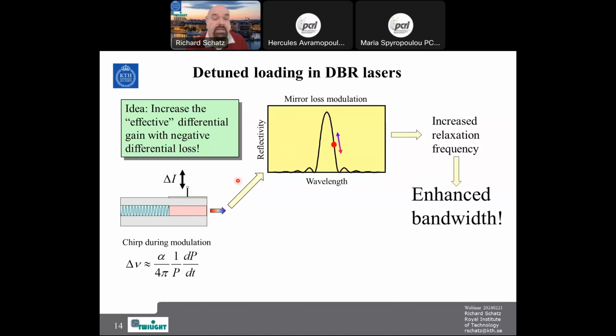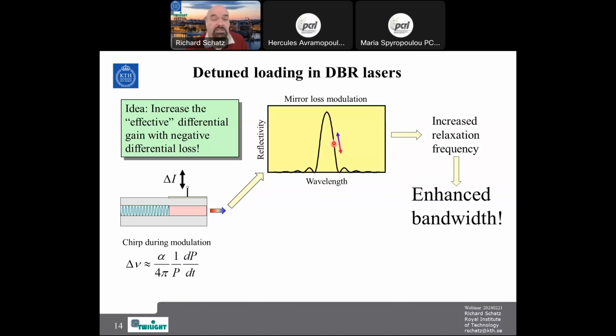And then you in fact can change the phase condition of your laser, so you force it to lase on the long wavelength side here. I mean, in order for a laser to lase, not only does the amplitude condition need to be fulfilled, it will be most easily fulfilled here, but also a phase condition needs to be fulfilled. And then you can make the laser lase on a long wavelength flank here by adjusting the phase condition.